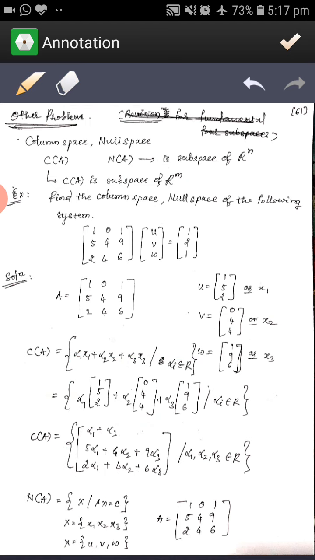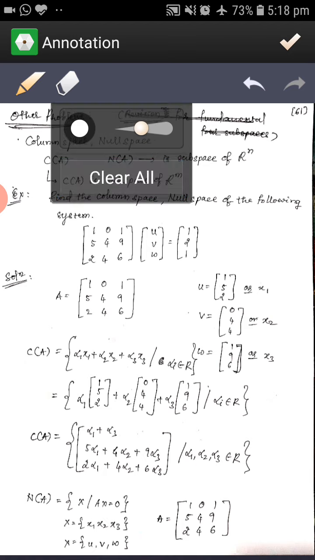Similarly, coming to the null space, the null space is nothing but Ax equal to 0. So we need to solve Ax equal to 0. A is already given in the problem.